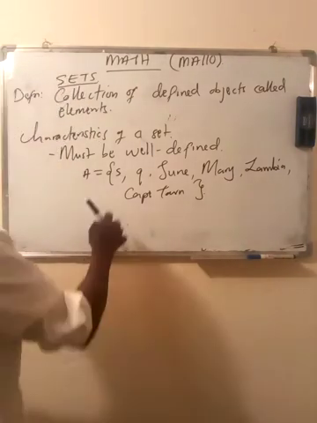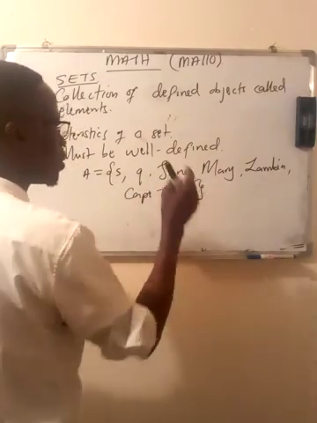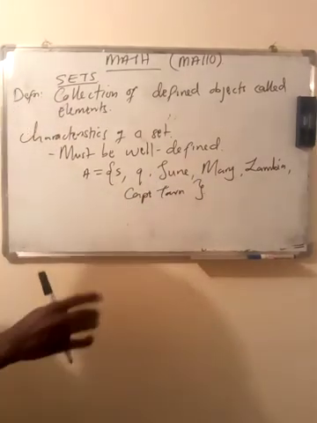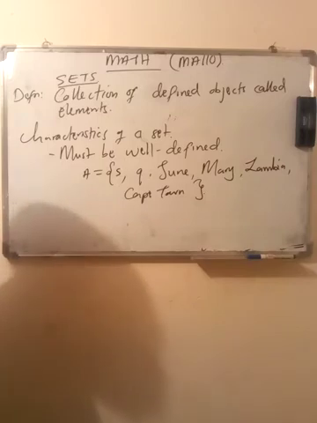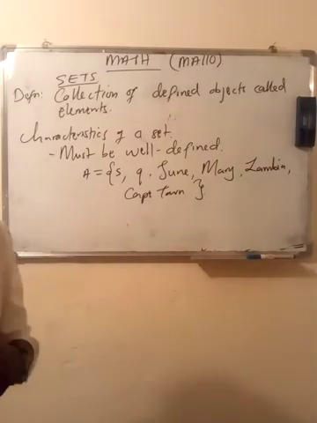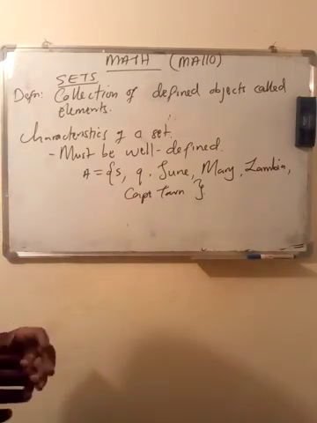So a set must be well defined, in such a way that its elements are well defined. You must be able to tell if it is a set of numbers, a set of names of people, a set of names of months, and so on. That's how a set is supposed to be.